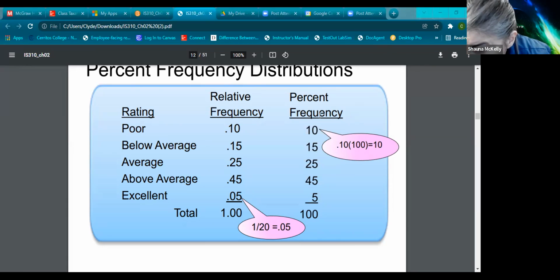This is a percent. This is 10%. So these could all have percent signs, 10%, 15%, and so forth.